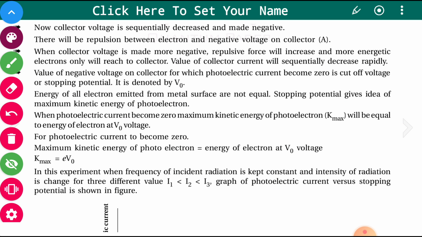This is the potential at which the photoelectric current becomes 0.